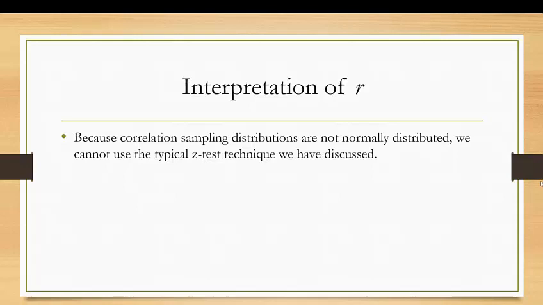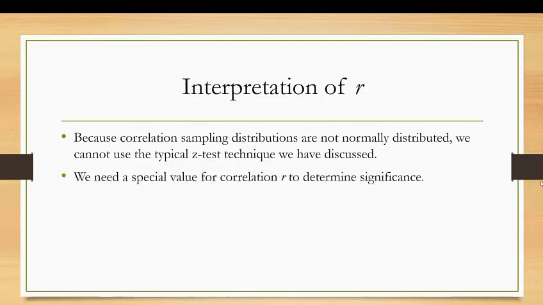So notice what we're saying here. When we were talking about things like GPAs, ACTs, height, and IQ, we had a normal distribution, meaning that our 0 standard deviation was the mean of our population, and that we could figure out within 1, 2, 3 standard deviations where everybody was going to fall. Okay. Correlation sampling is not normally distributed, so we technically cannot use that normal distribution curve that we've been using.